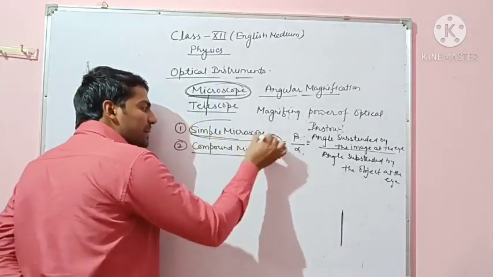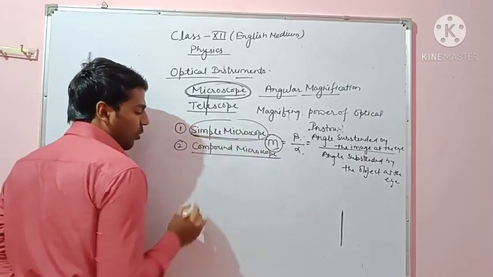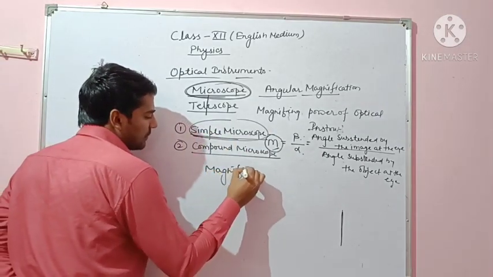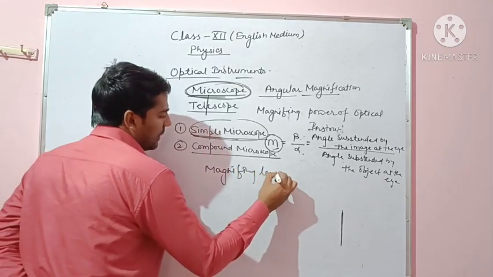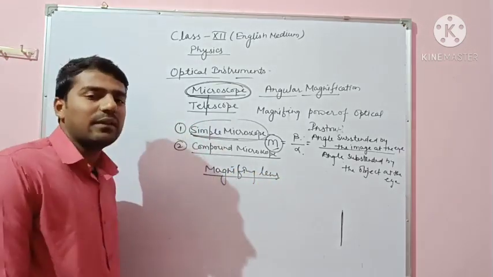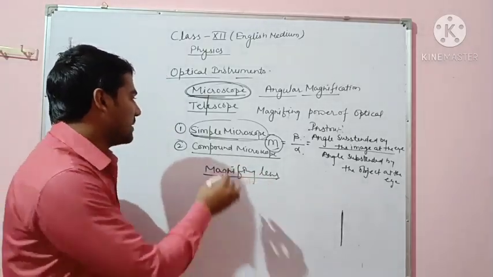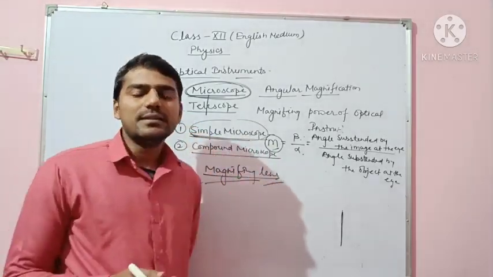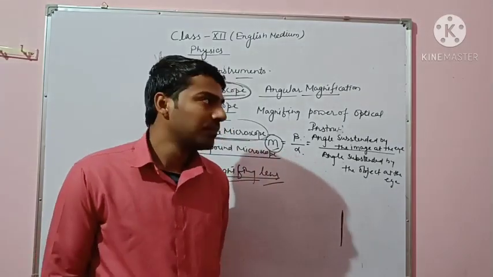A simple microscope is also called a magnifying lens. It means a simple microscope and a magnifying lens are the same.